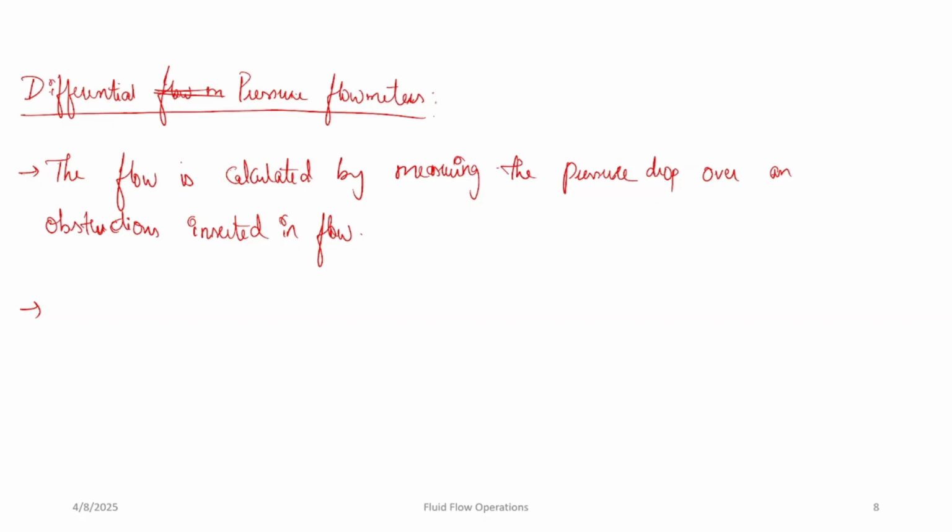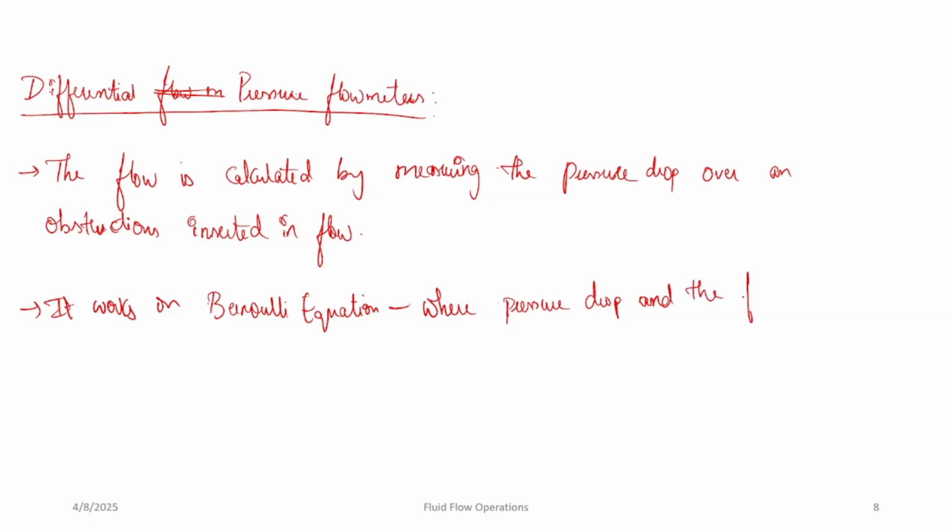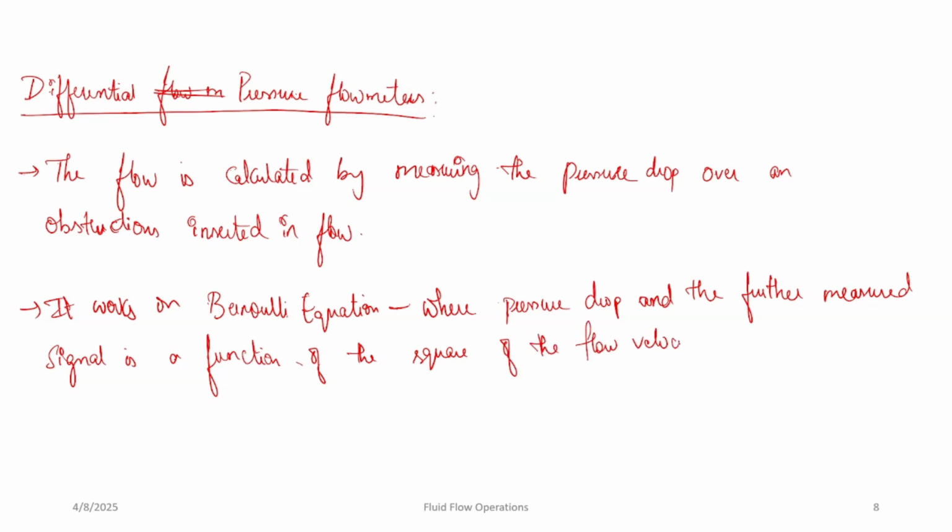Okay, so it works on Bernoulli equation, where pressure drop and further measured signal is a function of the square of the flow velocity.